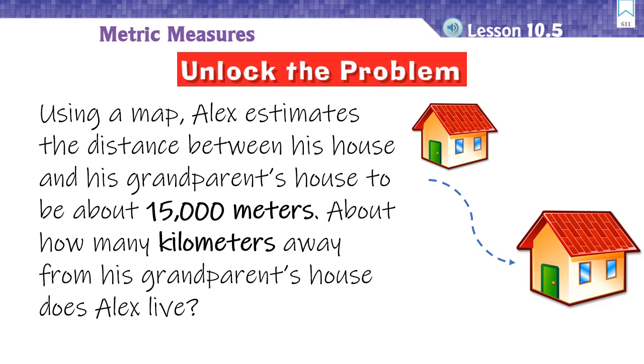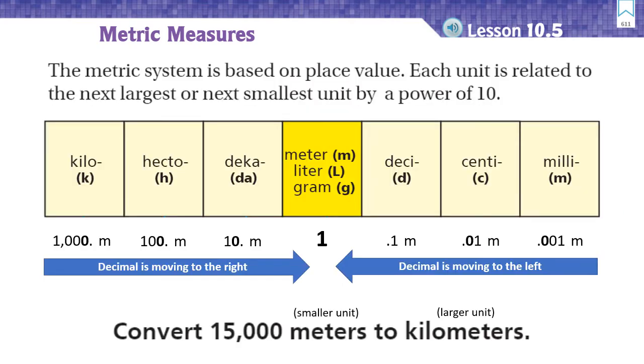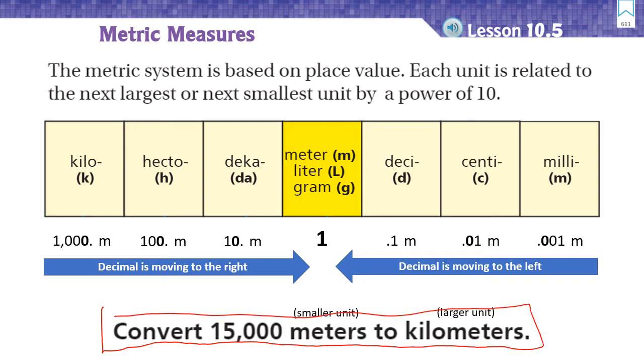So let's take a look at our first problem. It says, using a map, Alex estimates the distance between his house and his grandparents' house to be about 15,000 meters. About how many kilometers away from his grandparents' house does Alex live? Okay, let's take a look at this. So our main job right now is to convert 15,000 meters to kilometers.